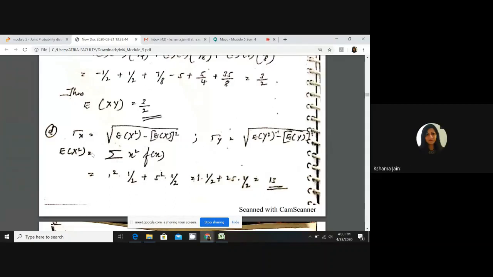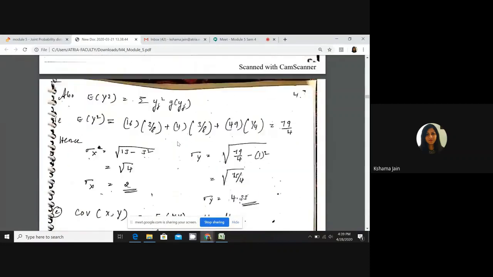For y, sigma y. So this is the formula: square root of Ex square minus Ex whole square. Here Ex square is the expectation of x square, and Ex whole square is the square of the expectation of x. Okay, ma'am. Understood. Any other doubt?